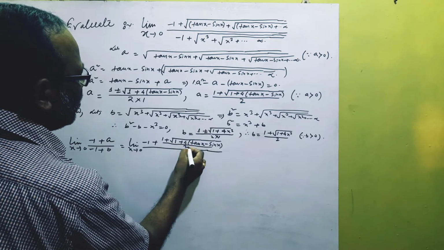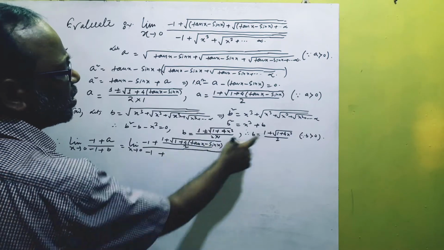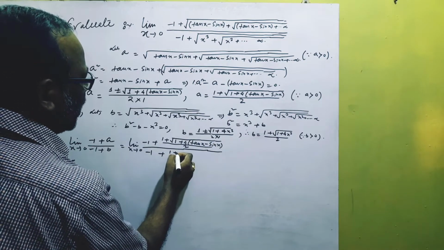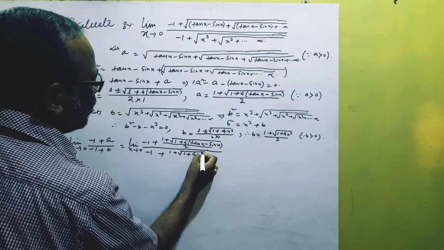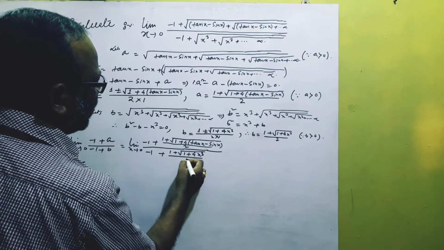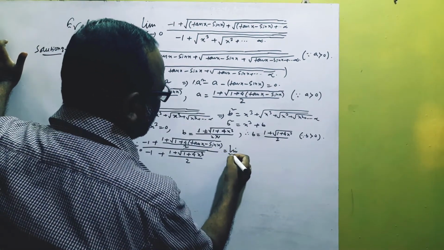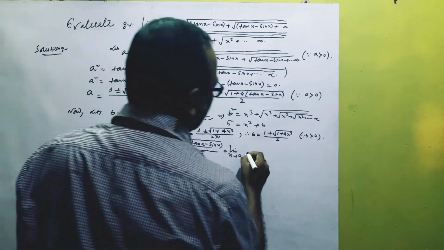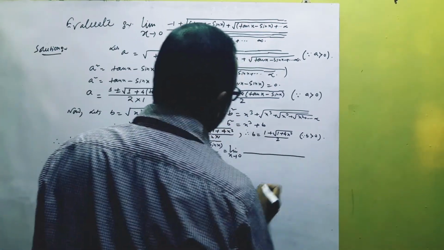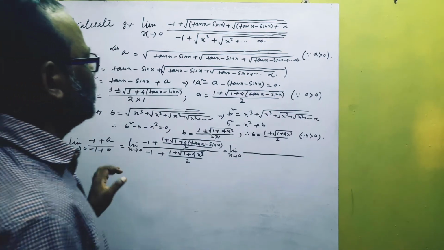And here the whole divided by 2 is the same as (−1 + b)/2. So this is (−1 + √(1 + 4x³))/2. And the limit as x tends to 0: take the LCM in both the numerator and denominator parts, then we get −2 + 1, so this is −1.